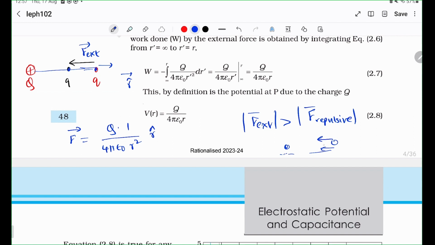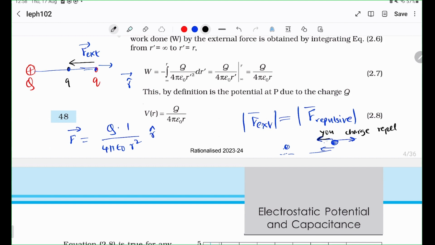So in order for that, we have to have our external force approximately equal to the repulsive force, only very slightly greater than, because we want to very gently push it, right? So at equilibrium, these both are actually equal in the limiting case. So it will take an infinite time for this charge to get here because it's an almost exact repulsive force. So this is the external force that you are applying. This is the charge repelling.